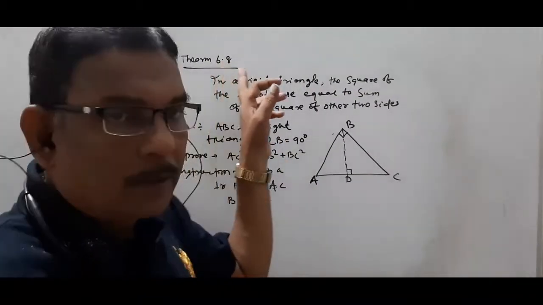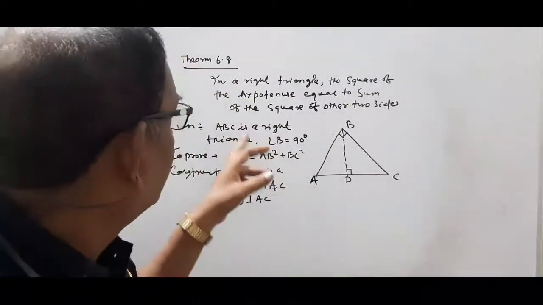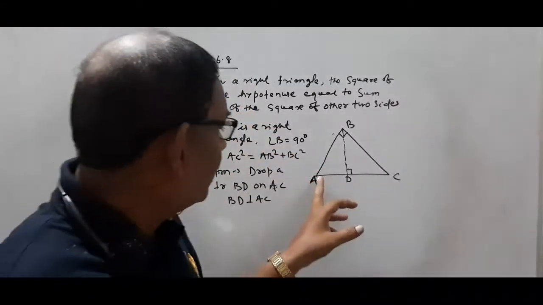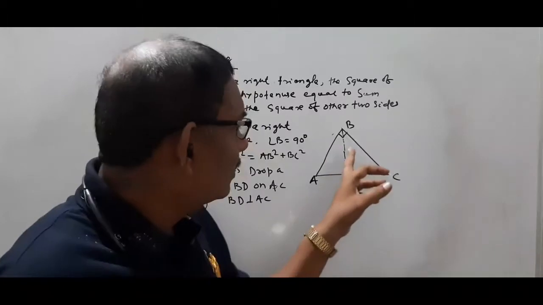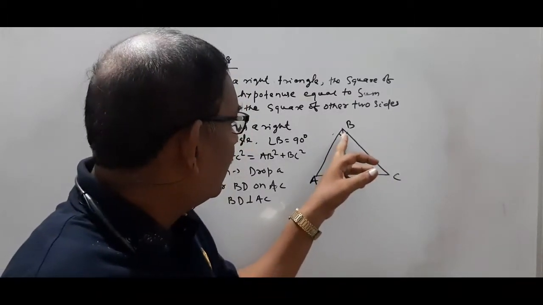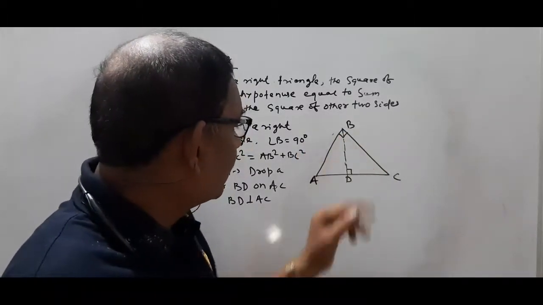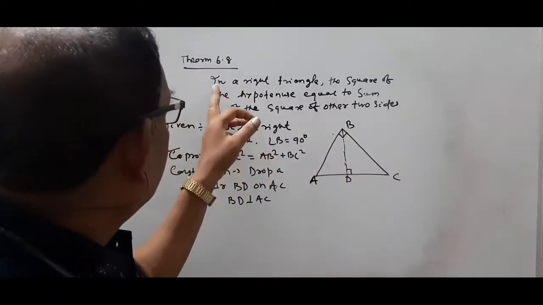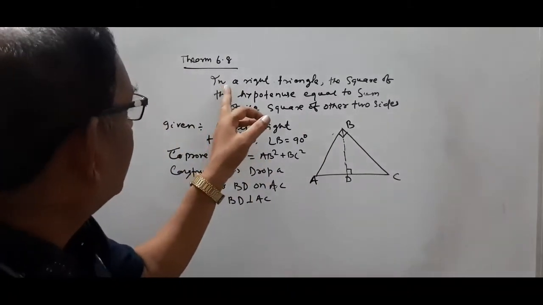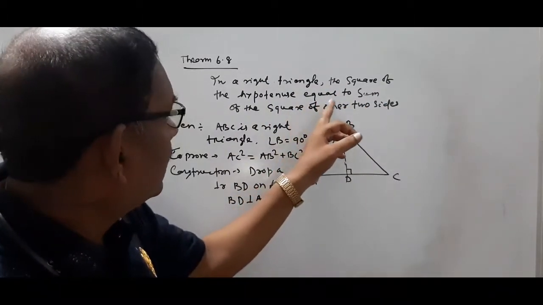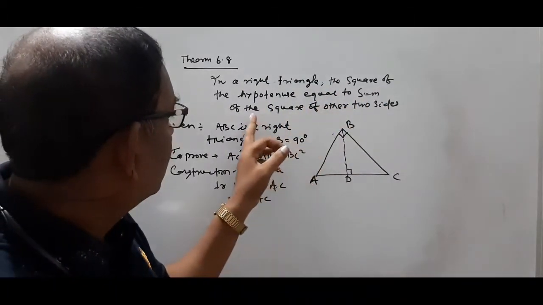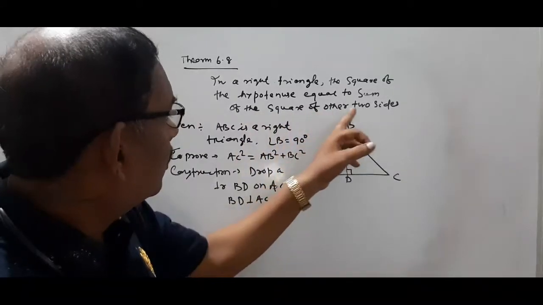Good morning, student. Today I am going to discuss the Pythagoras theorem. It is theorem number 6.8. Clear? So look at the diagram. ABC is a right triangle with the right angle at point B. It is angle B equal to 90 degrees. Read the statement. In a right angle triangle, the square of the hypotenuse is equal to the sum of the squares of the other two sides.